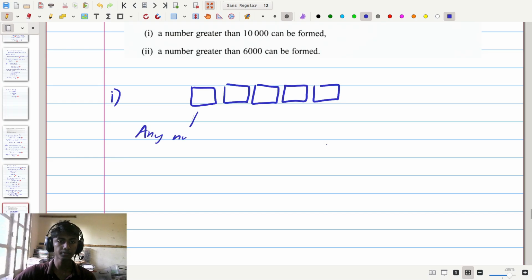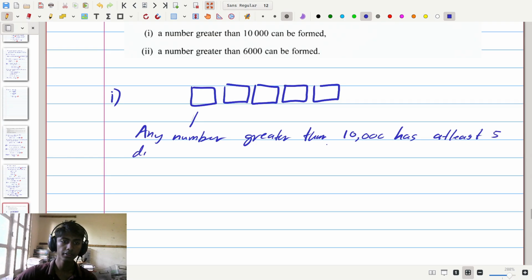Now according to that, what we can do is write down: any number greater than 10,000 has at least 5 digits.